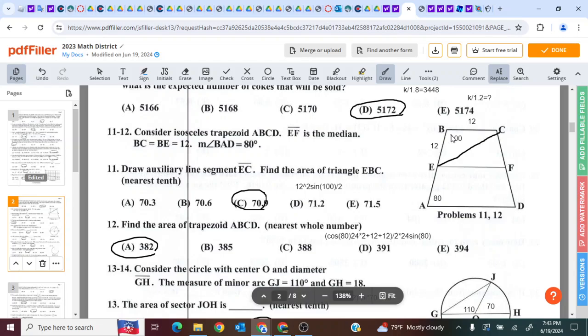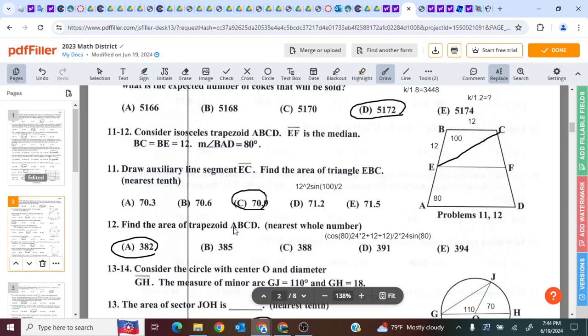That means that this angle over here must be 100. Then you can use the equation for the area of a triangle, which is this side squared over 2 times sine of this angle right here. So 12 squared times sine of 100 over 2 gets you 70.9.